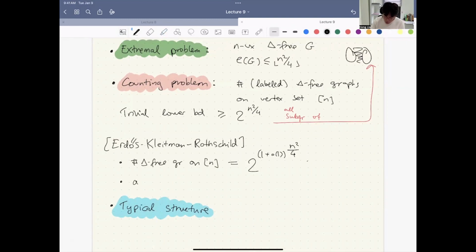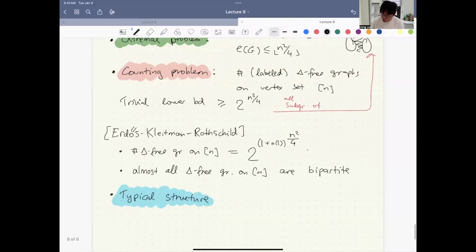So almost all triangle-free graphs on n vertices are bipartite. The typical structure means the structure of almost all graphs. So what does this almost all mean?